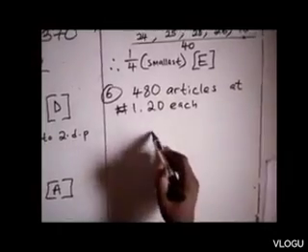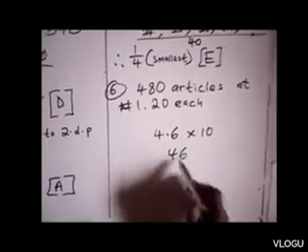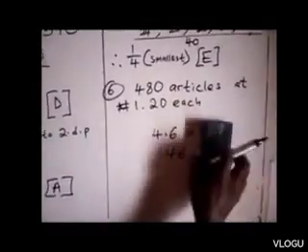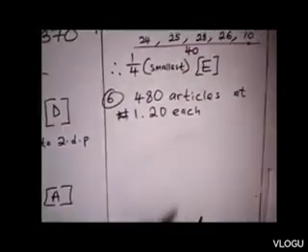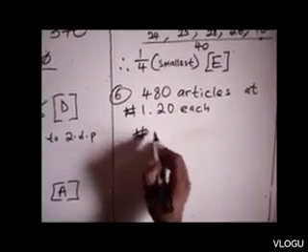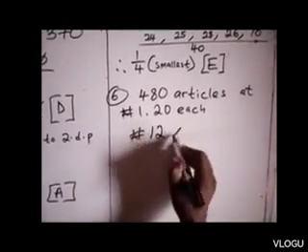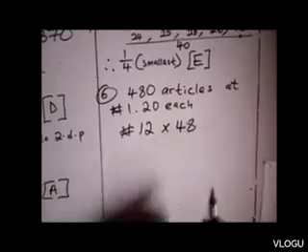That will make you get your answers fast. If I'm having 4.6 multiplied by 10, that will be 46. So with that logic, 1.2 multiplied by 10 gives 12. So that will be 12 naira multiplied by 48. That will make the work faster.